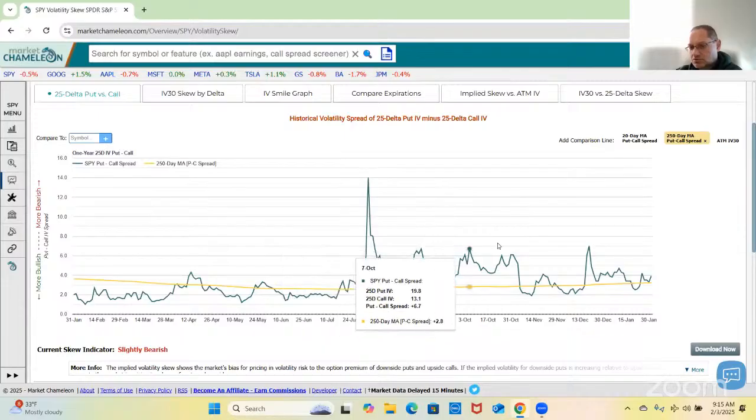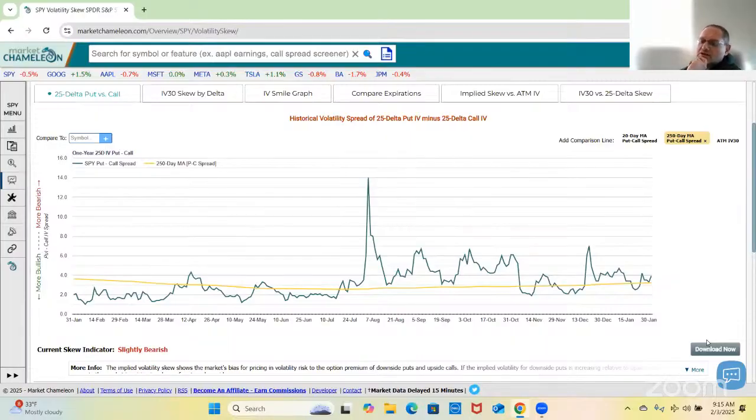Here's 1, 2, 3, 4. There was a fifth one here. So here we are slightly above that 250-day moving average skew. But there's a lot more room that it could go, right? You could see these peaks, 1, 2, 3, 4, this is a really big one, 5, we're all above it.